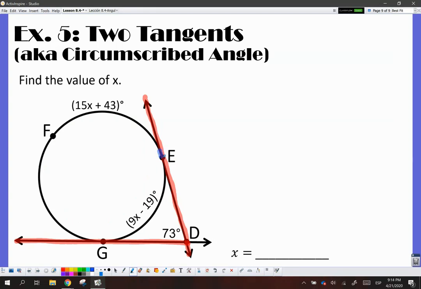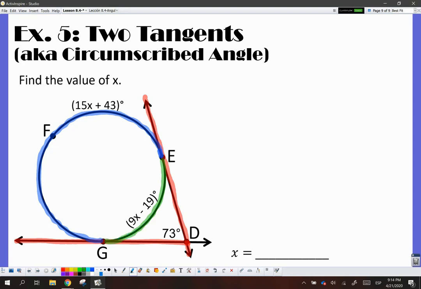I'm going to start at point E for one of my arcs because the line is crossing the circle at this point. So I'm going to highlight all the way around. Now for my other arc, it must start at this point as well. And I'm going to keep going till I get to the other intersecting point.